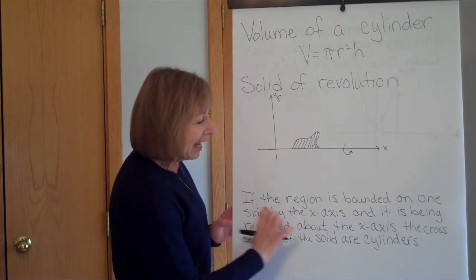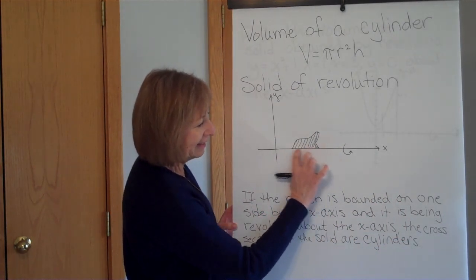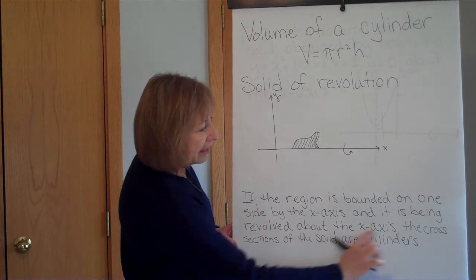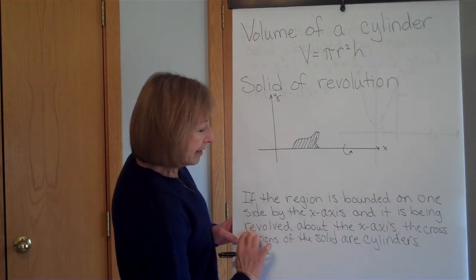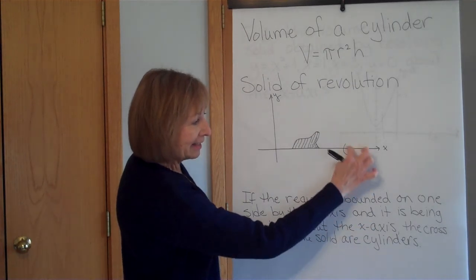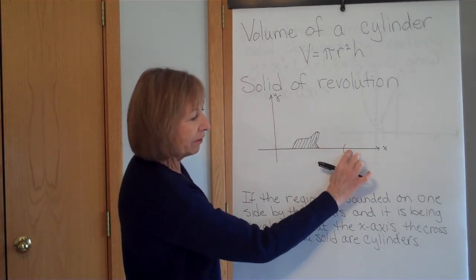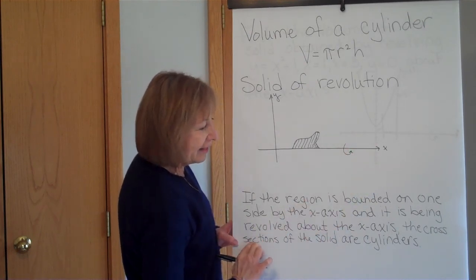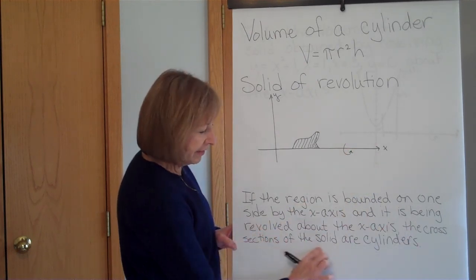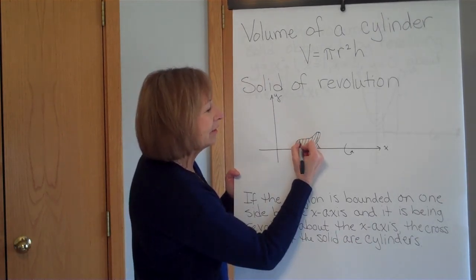All right, so now if we have this region that's bounded on one side by the x-axis and it's being revolved about the x-axis, then when I take a cross-section of it, the solids are going to be very thin little cylinders.